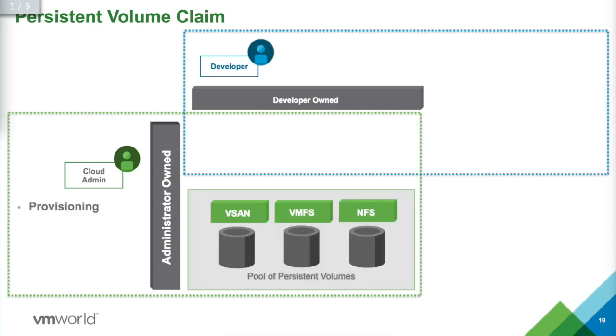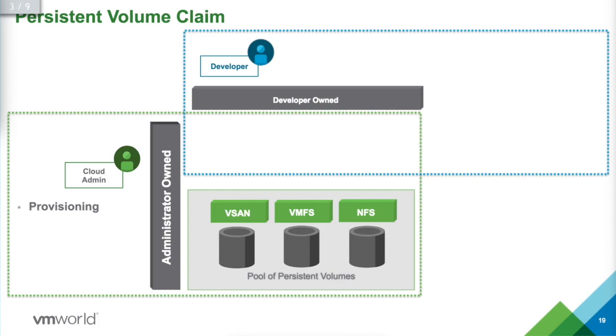So in this model, the cloud admin has to provision in advance a pool of persistent volume using any available data store type. Data store can be vSAN or VMFS or NFS. On top of this, cloud admin can specify different storage class like gold, silver, and bronze, depending on the performance of the underlying data store technology.